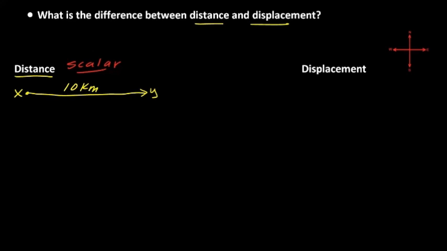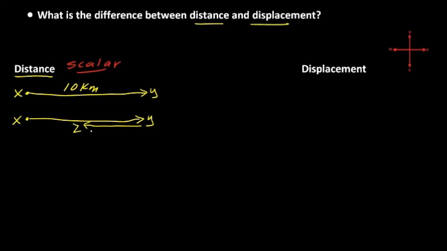Well, let's take a look at another situation. Let's suppose again you started at point X, our origin, and you traveled all the way to point Y, right there. And then you turned around and you came halfway back and stopped right there.